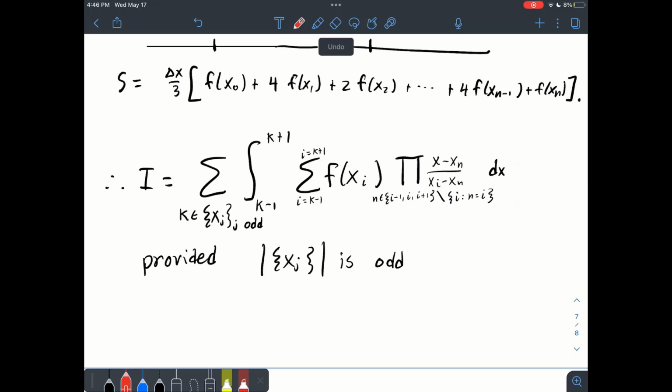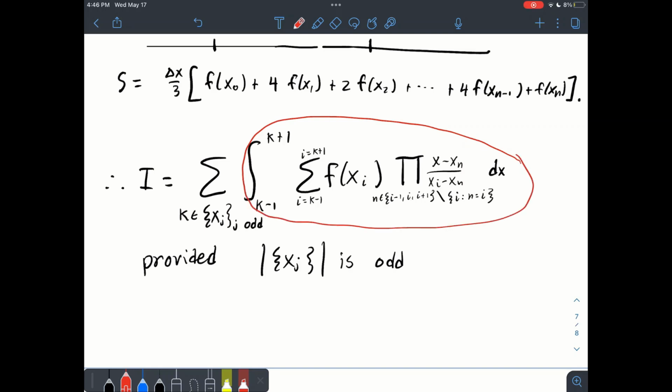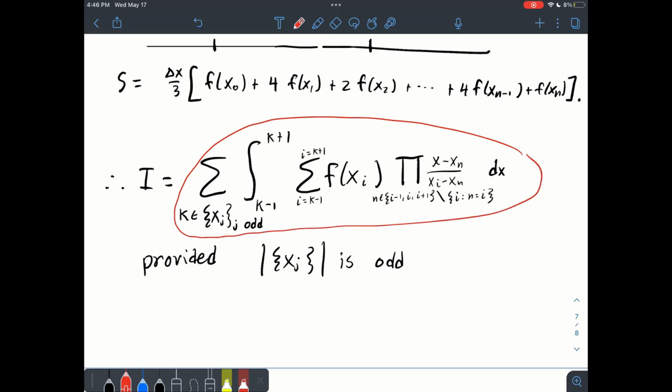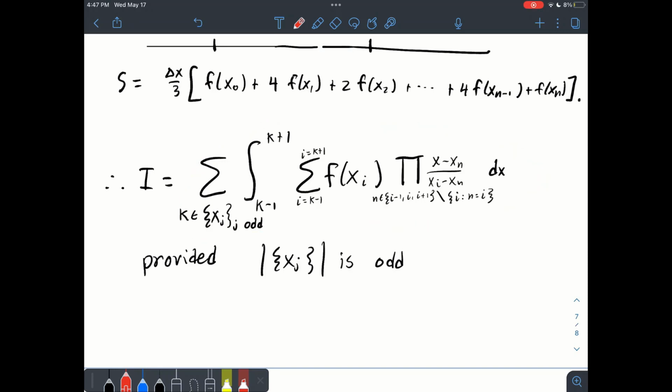And then to create the polynomial between the 3 points, we take the sum of those 3 basis interpolating polynomials. And then to get the Simpson's rule for 3 points, we decided to integrate over 3 points. And then we sum over all of the odd nodes in the x mesh.